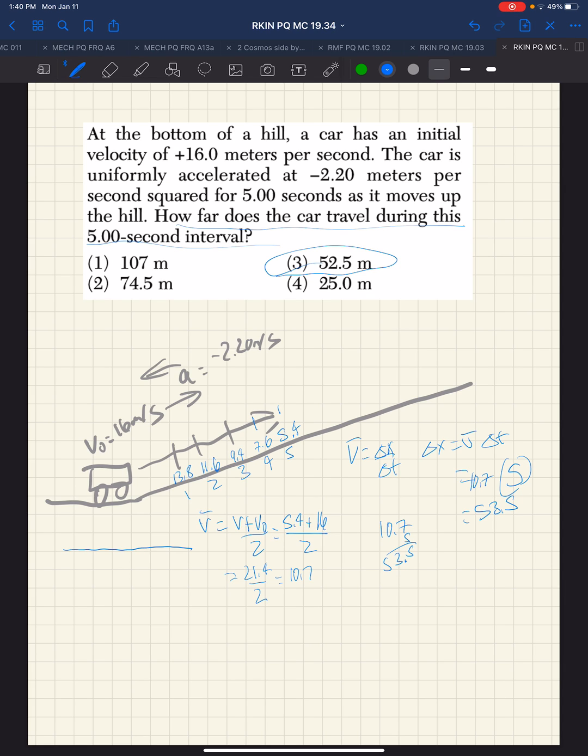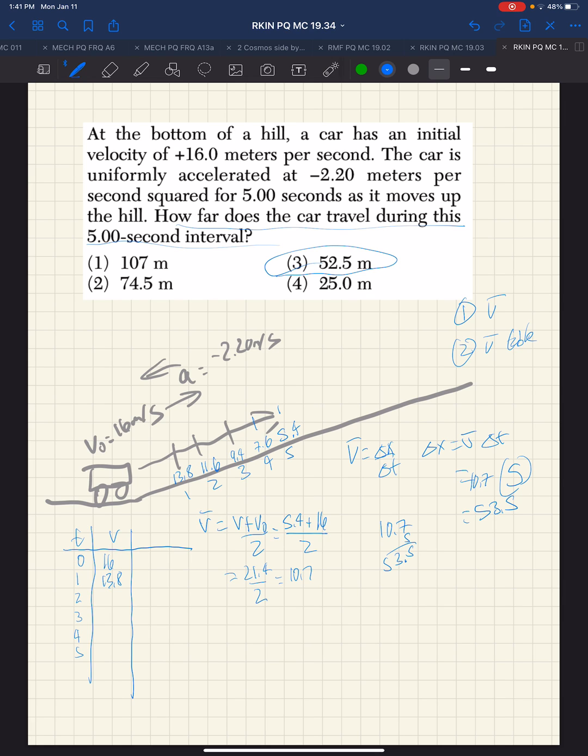Because remember, our first approach in solving a problem is always to try average velocity, which we did. Second is to use the average velocity table. So we have time 0, 1, 2, 3, 4, 5. We have a velocity of 16. Minus 2 is 14. Minus another 0.2 is 13.8. Minus 2 is 11.8.